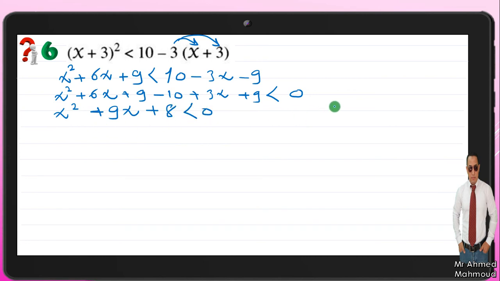So x, by using the calculator, x equal negative 8 or x equals negative 1. This is the roots of the equation.